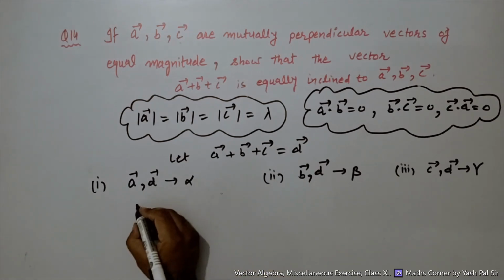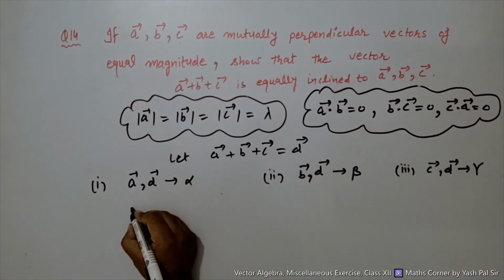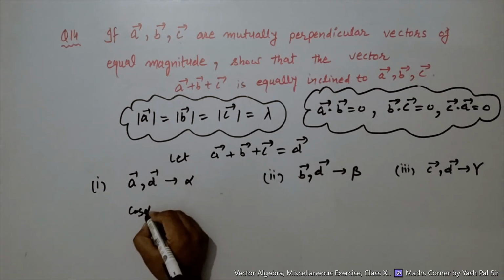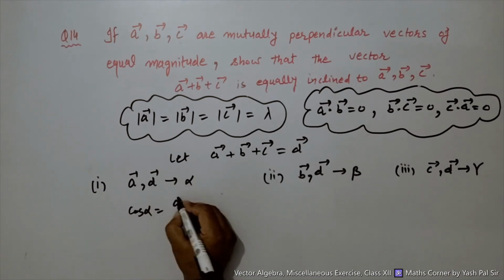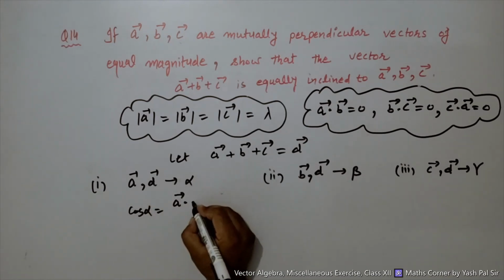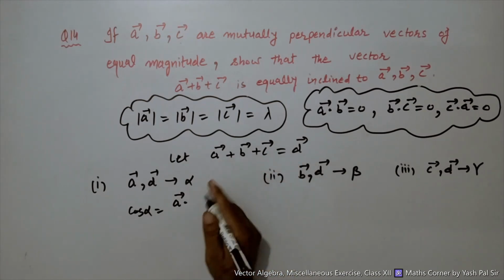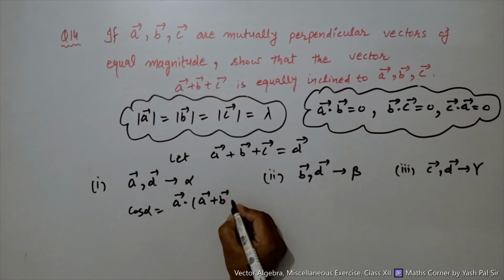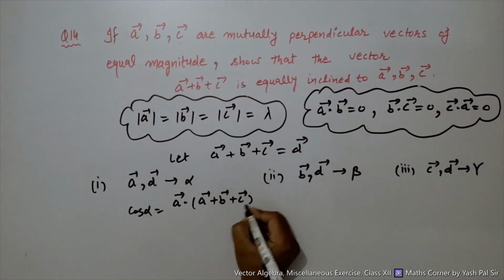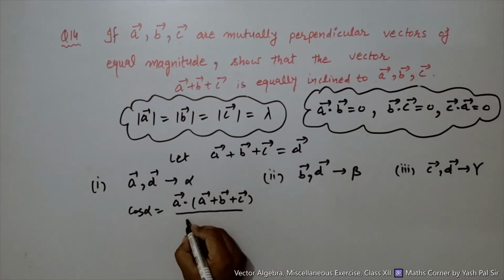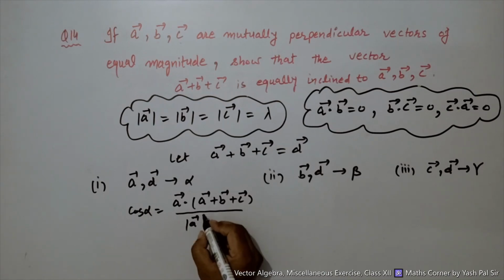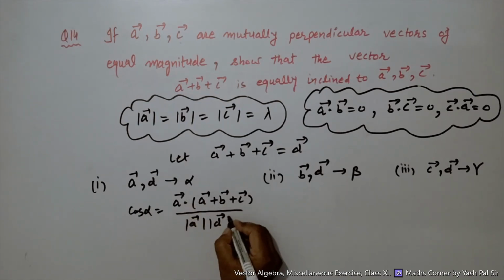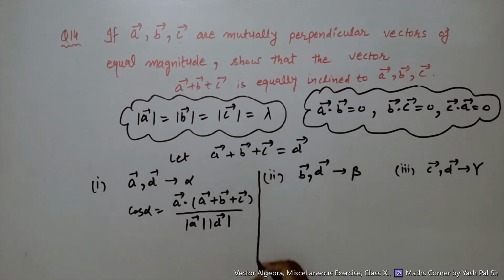So what we follow now, we say that cos alpha is equal to A vector dot D, but the value of D is A vector plus B vector plus C vector, divided by magnitude of A into magnitude of D vector, right?